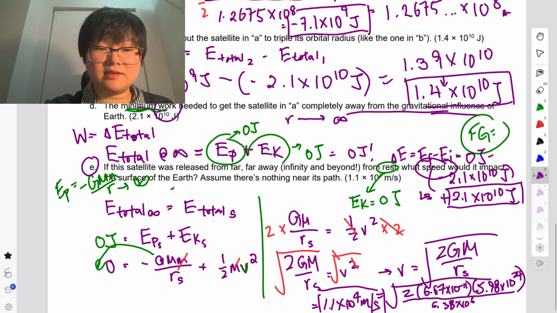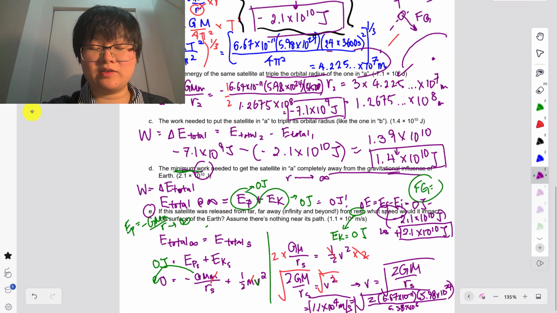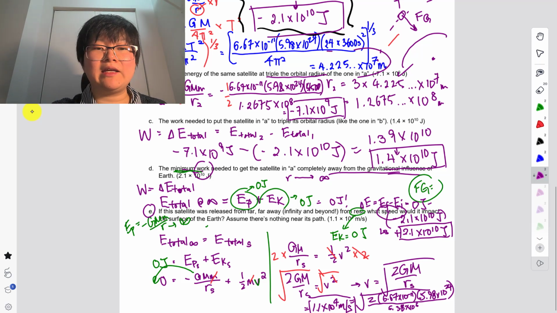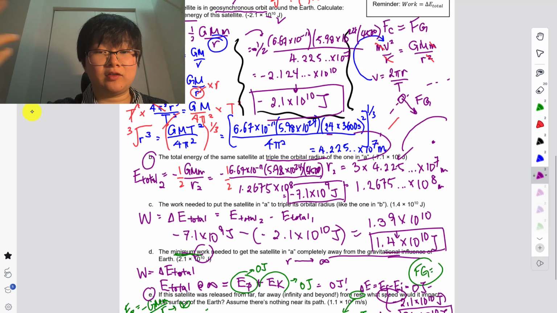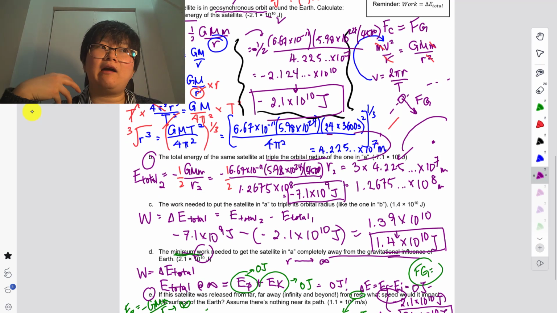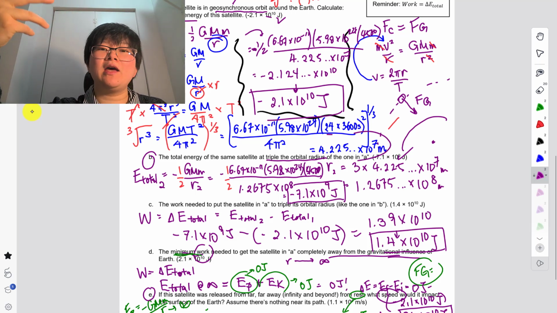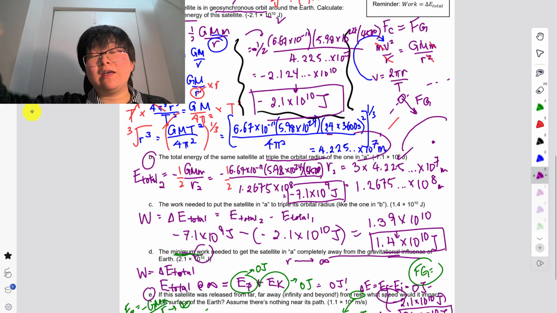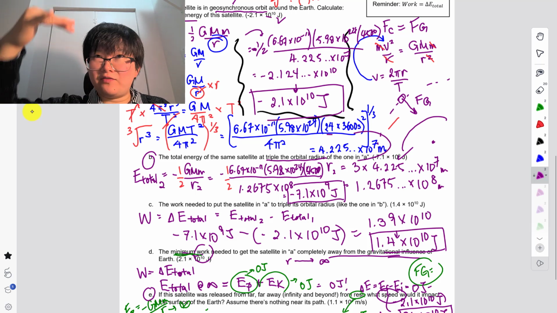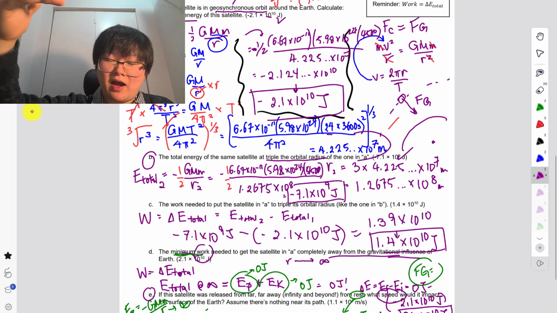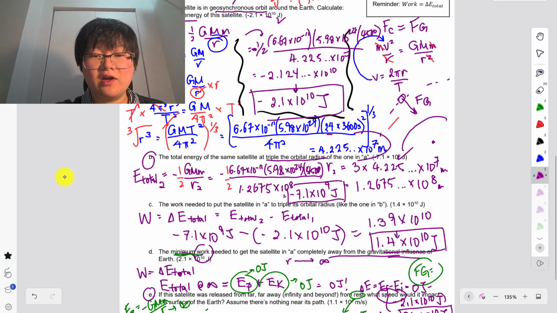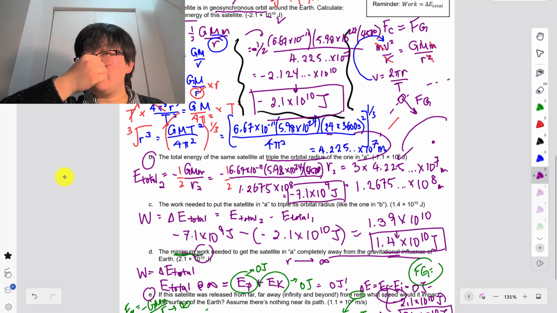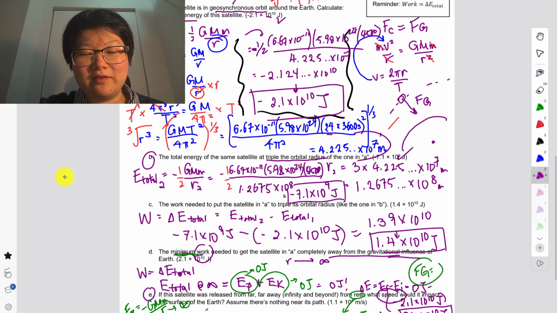Otherwise, this is how we can take some of the things we learned in the previous video, calculating the energies at different orbits, and most importantly, looking at how work is used to get your satellite to a higher orbit, and also what kind of energy you get back if your object falls from a higher orbit to a lower orbit, or even worse, from infinity back down to the surface of the Earth. So there are many ways we can look at the change in energy in those cases.